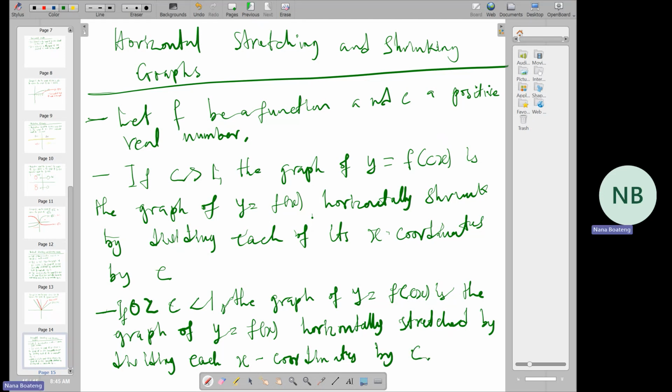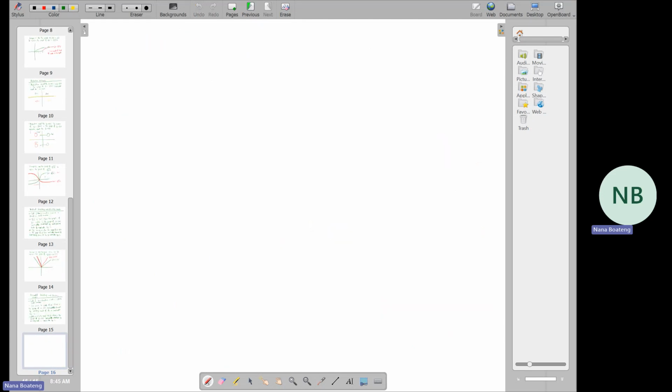All right, let's use an example to illustrate the horizontal stretching and shrinking.